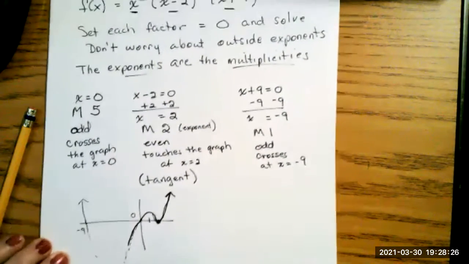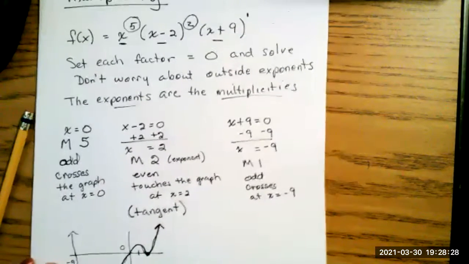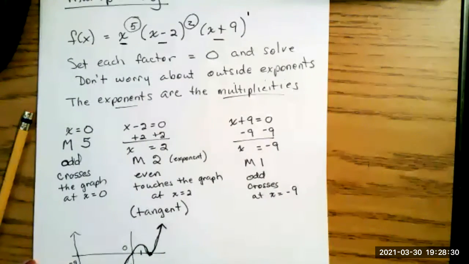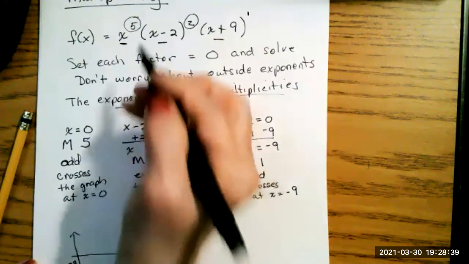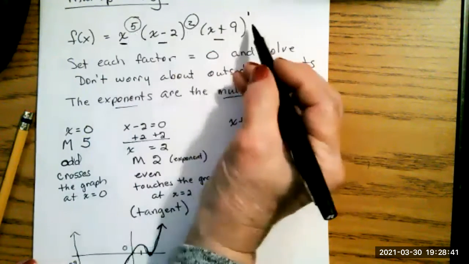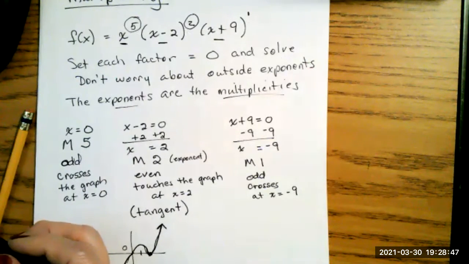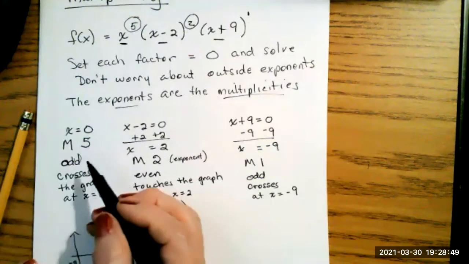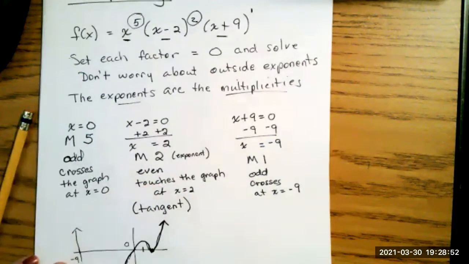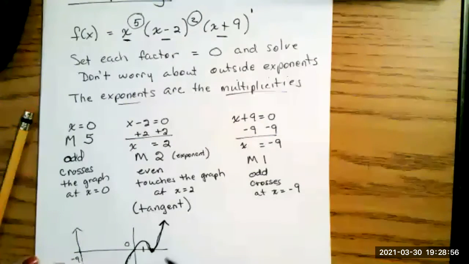What you're trying to learn from this is what is the multiplicity of each 0, and whether it crosses, intersects it, or whether it touches it. So what you're doing is using these exponents of these little groups. That's your multiplicities. And for the zeros, if the 0 has an odd multiplicity, the graph's going to go right down through that number, crossing the x-axis.